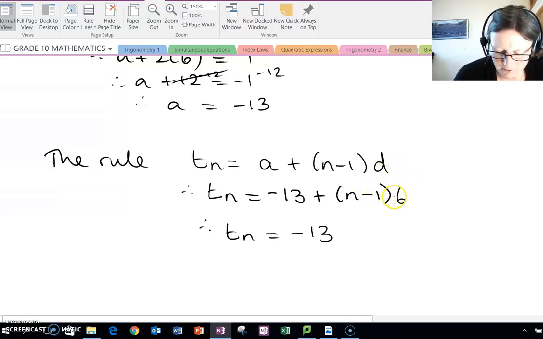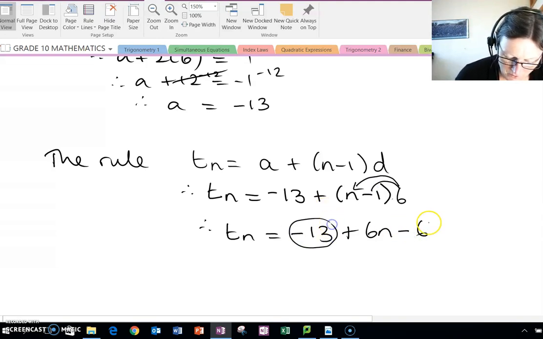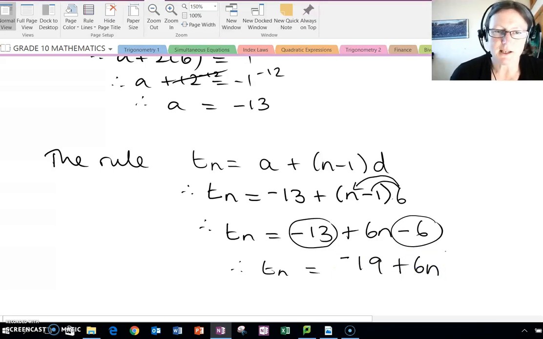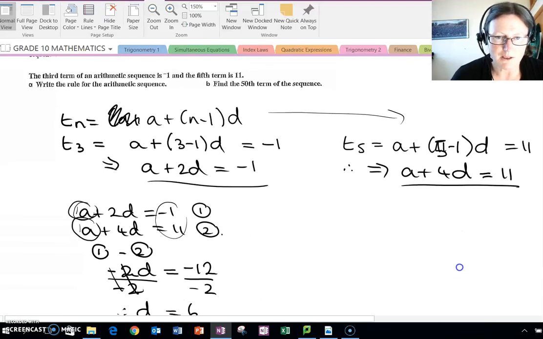Even though the 6 is behind, it's still 6 times that, so expanding gives 6n subtract 6. Then I combine my like terms, so Tn is equal to -19 plus 6n. That is my rule for the arithmetic sequence.